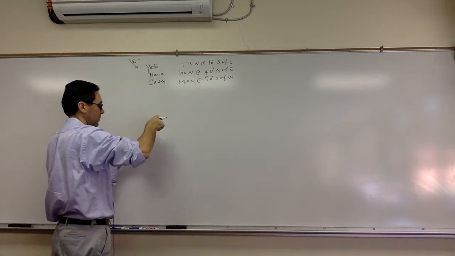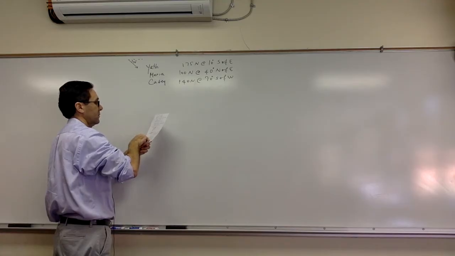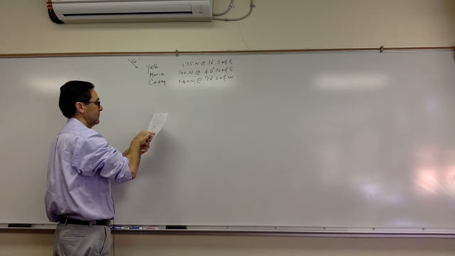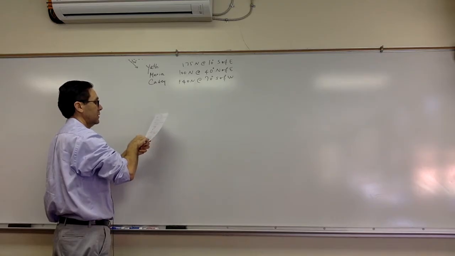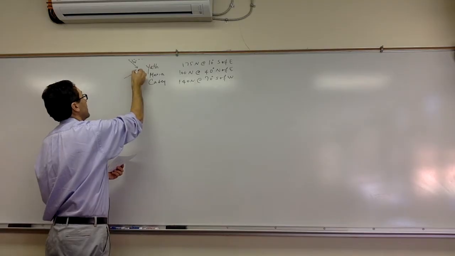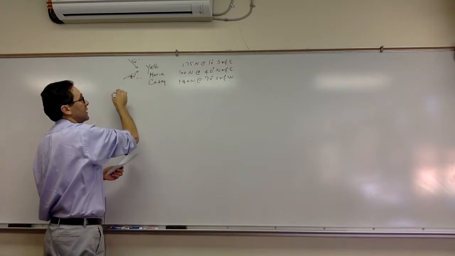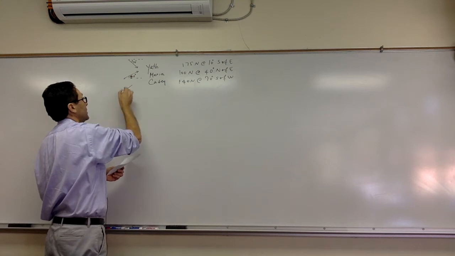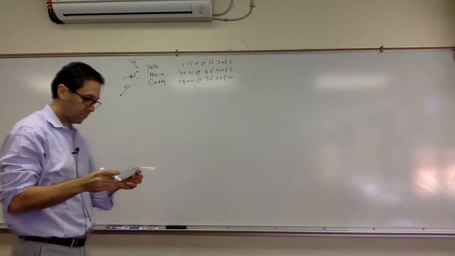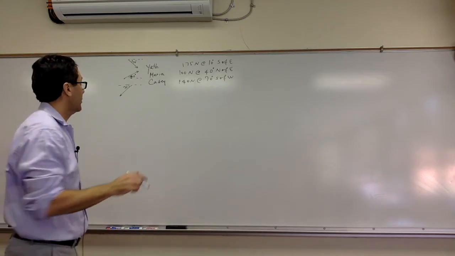Maria is pulling, let me just make sure I got this right, and this angle here is 40 degrees. Casey is going south of west, pulling in this direction, and this angle here is 70 degrees. Just want to make sure I got my numbers right. Yeah. So the way we're going to do this, we're going to make a chart.